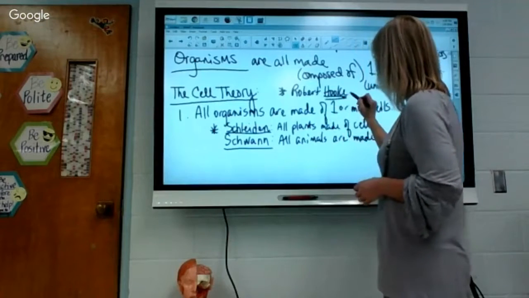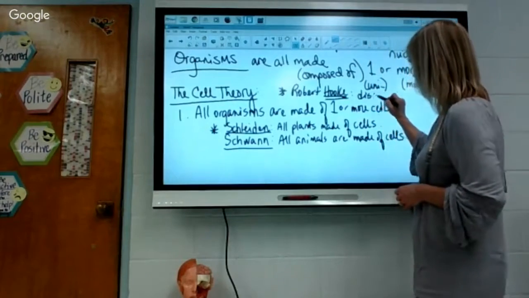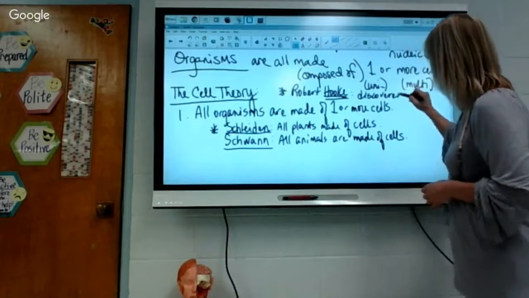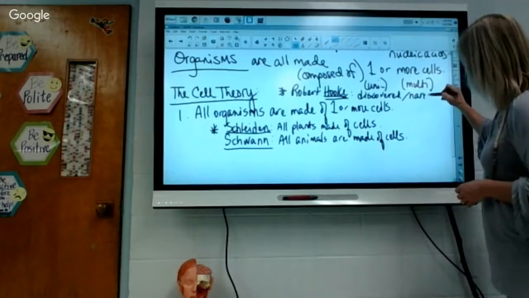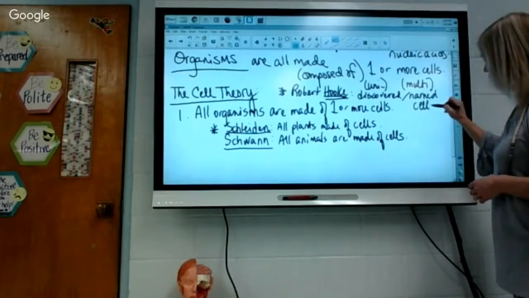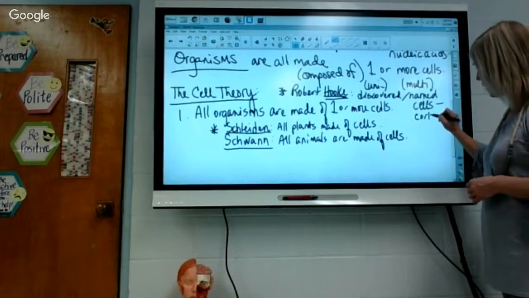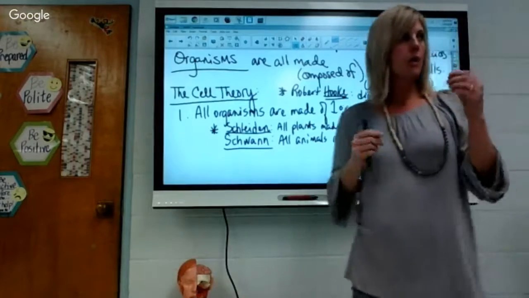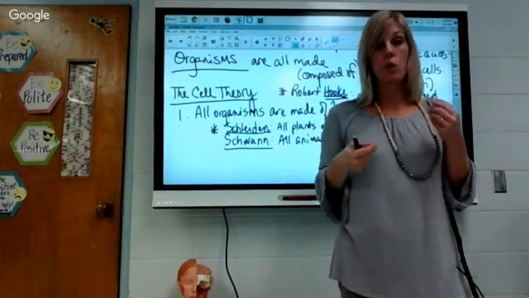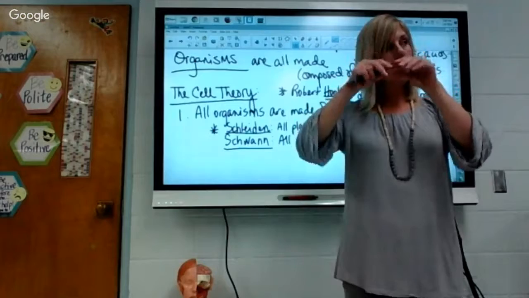This guy actually discovered and named cells. He looked at cork, like cork in a wine bottle, which is part of dead plant cells. He saw this dead plant cell.